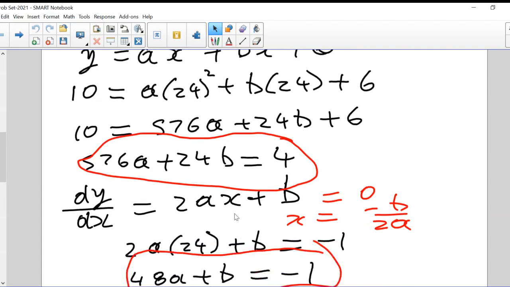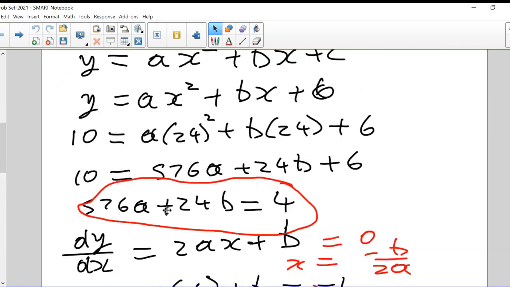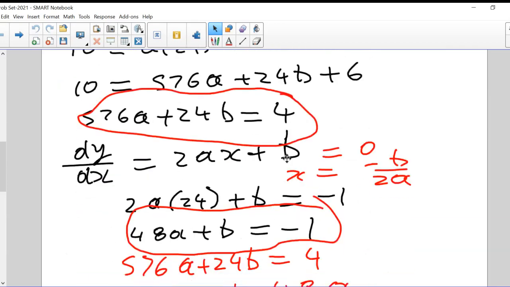The other thing we know is that if we take the derivative of this original function, ax squared plus bx plus c, I'd get 2ax plus b. So that's what this says, 2ax plus b. We're not setting it to 0, which is what we normally do. We're setting it equal to minus 1 because we want a slope of minus 1.